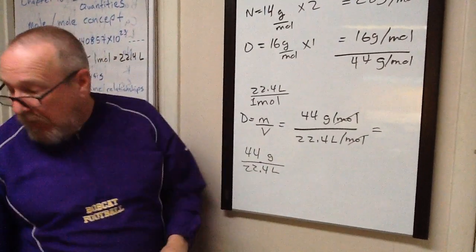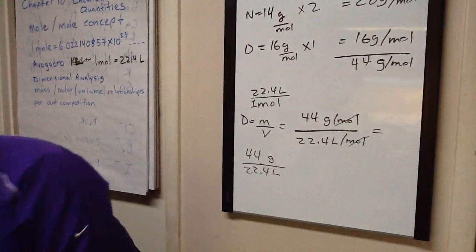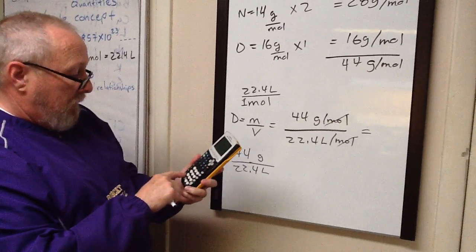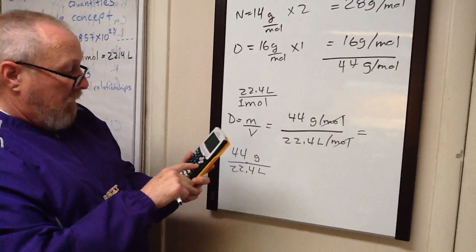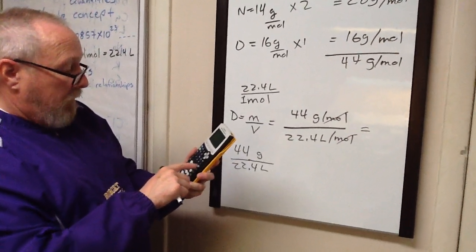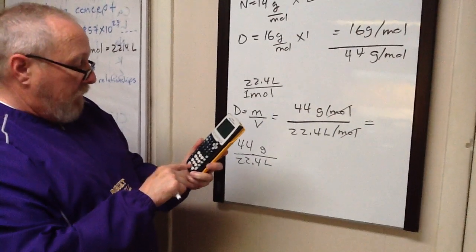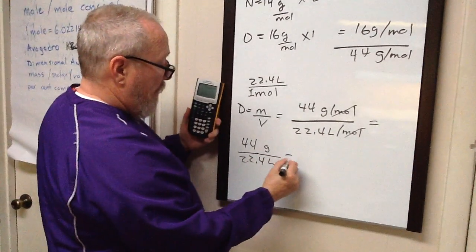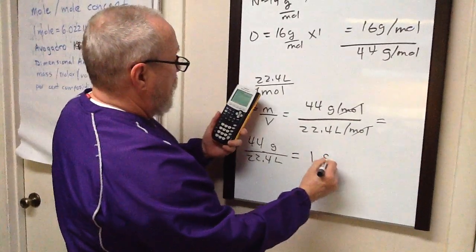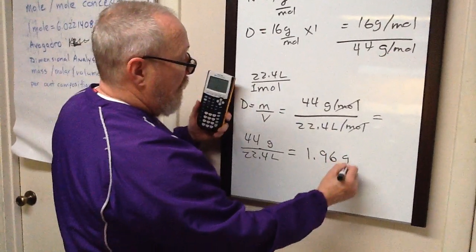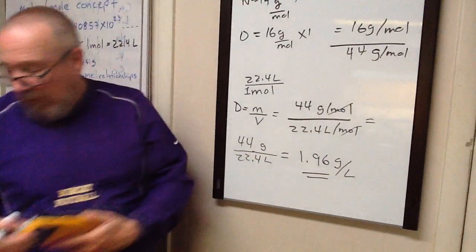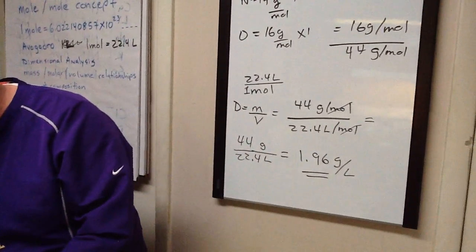When I do the math on that, 44 divided by 22.4, I get 1.96 grams per liter for my density. Okay, very dense gas.